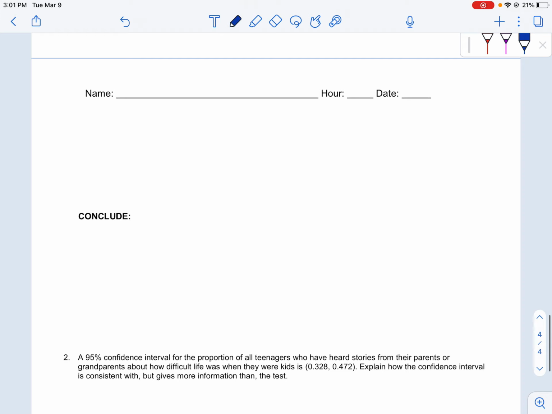Let us make the conclusion. First, let us do an interpretation of our p-value.